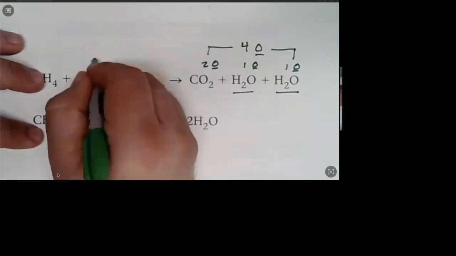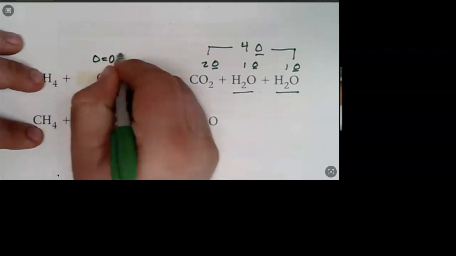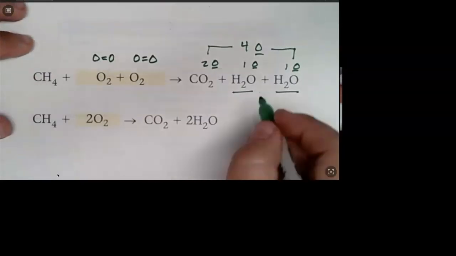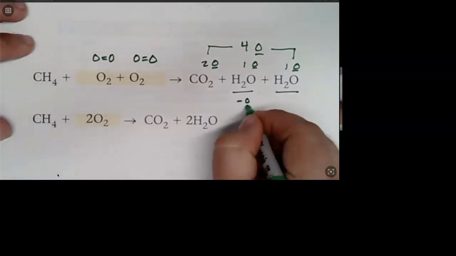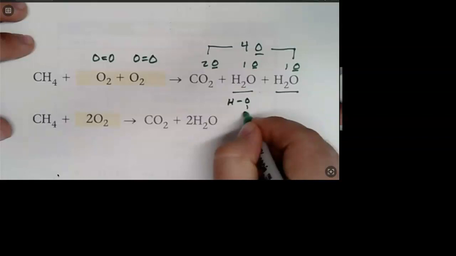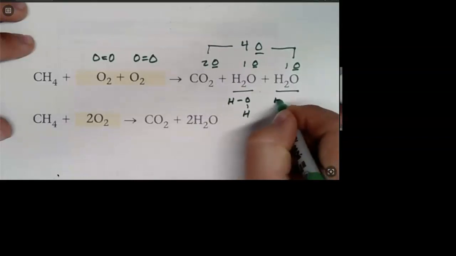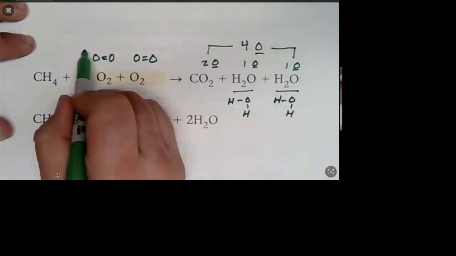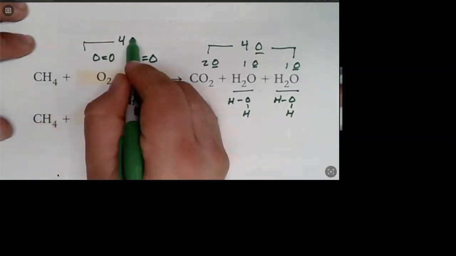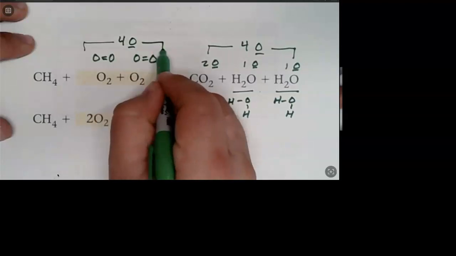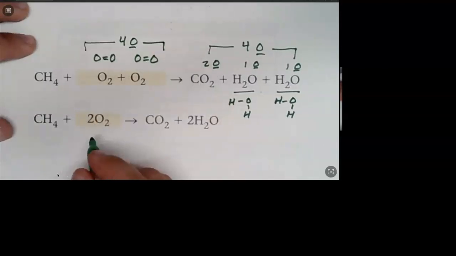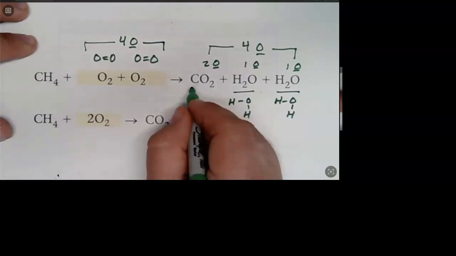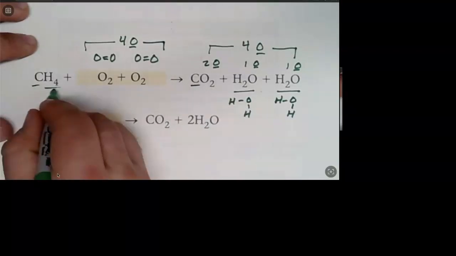Okay, so I've got these 2 oxygens coming together. And I have these 2 oxygens forming water. So now I have 4 oxygens on my reactant side. Now, of course, my carbon is fine, and my hydrogens are now fine.